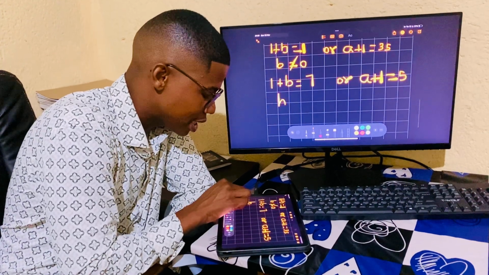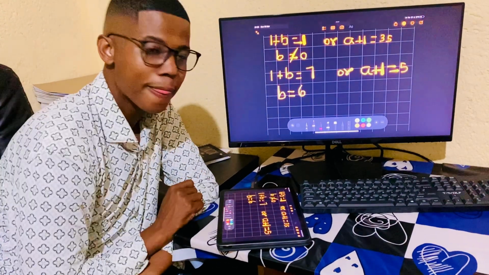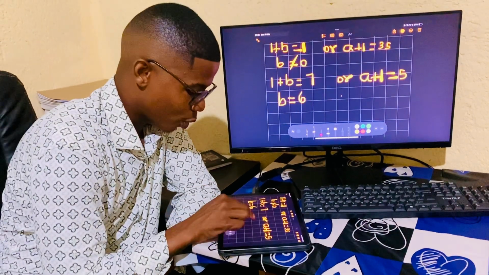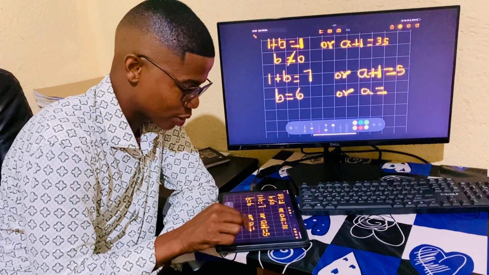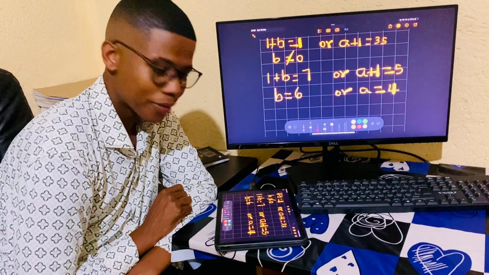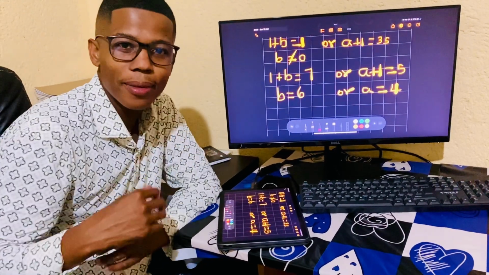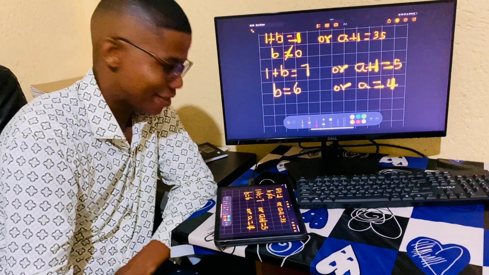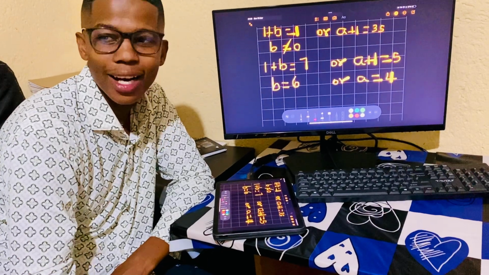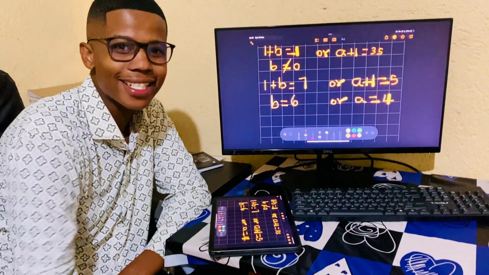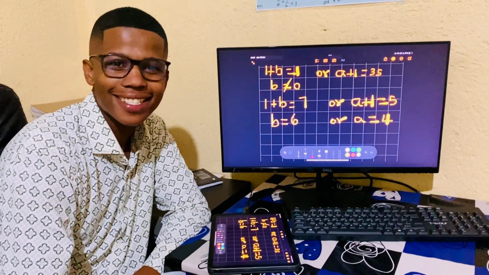Then we can see that B equals 6, and A equals 4. And we ended up giving these guys 6 goats and 4 cows. We're the good negotiators. Thank you very much. Tambo.